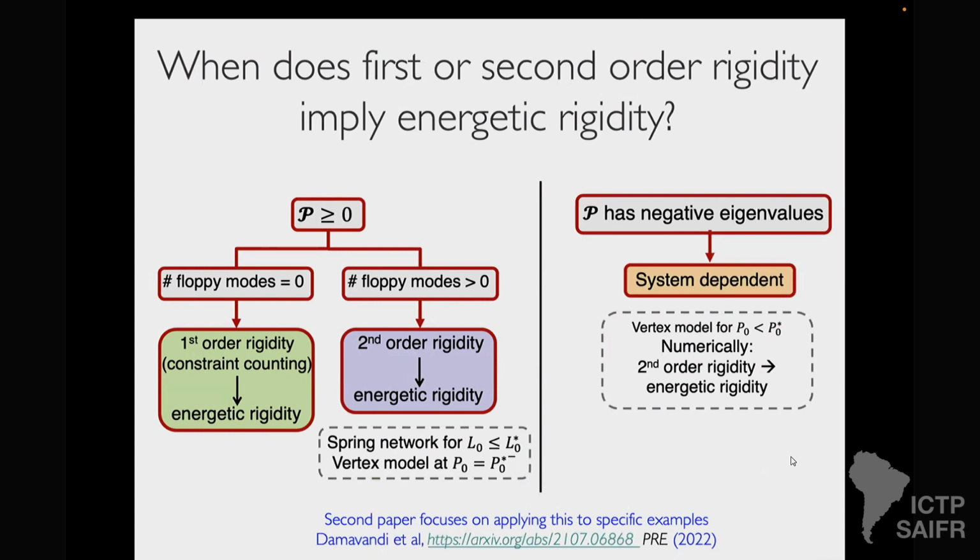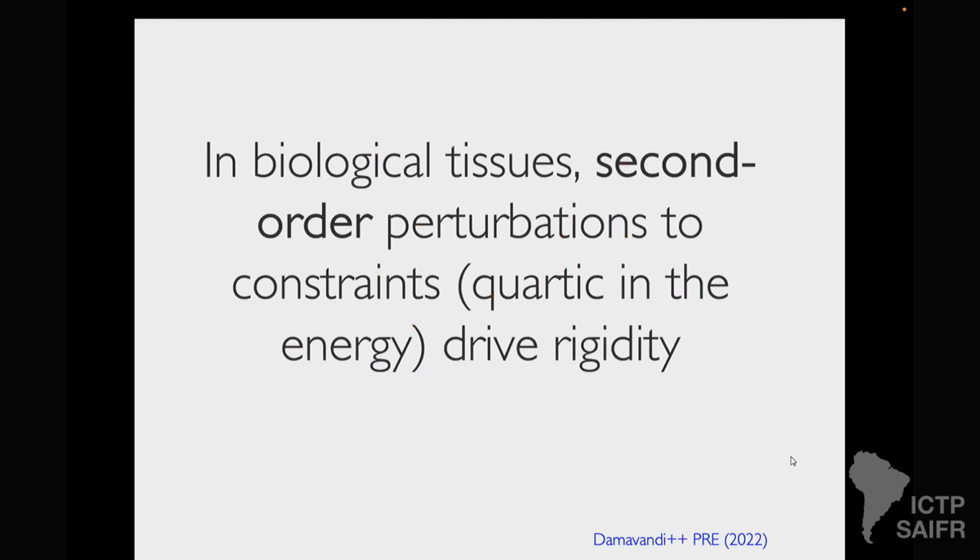In other words, fiber network models and vertex models become rigid due to second order rigidity, which is a great thing to know because I wasn't sure why vertex models become rigid. It's because of these second order perturbations to the constraints. That's the punchline of this set of papers.